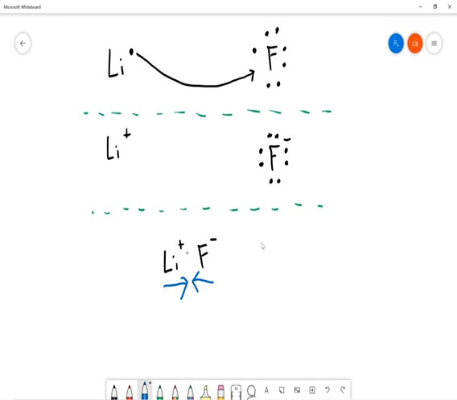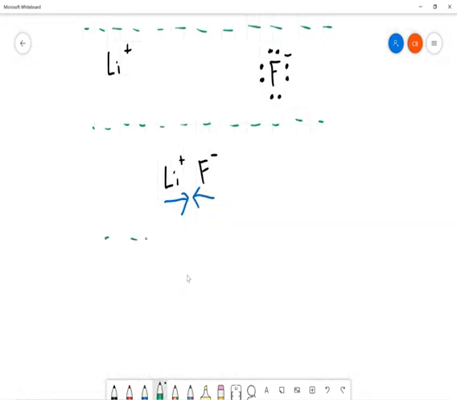So this means that they are attracted to one another due to our opposition of charges and Coulombic attraction here. So they will together form a compound when they come together, like lithium fluoride.